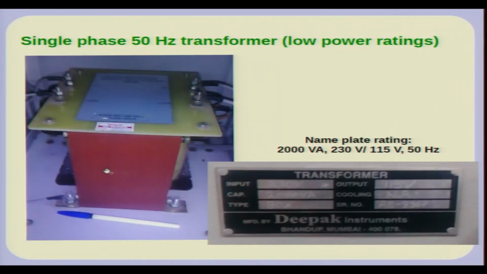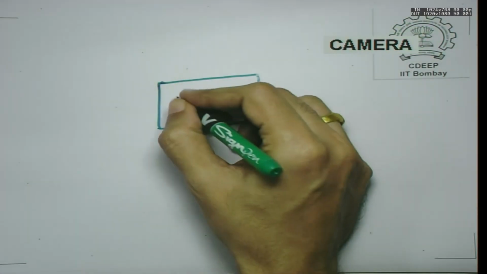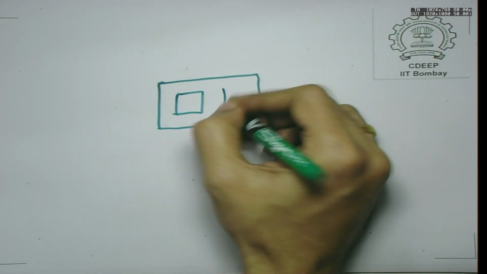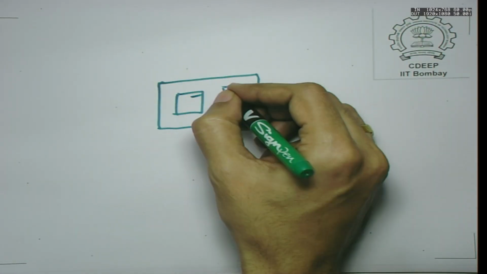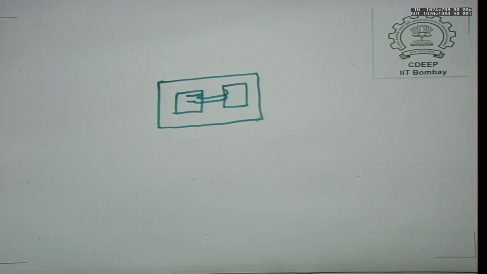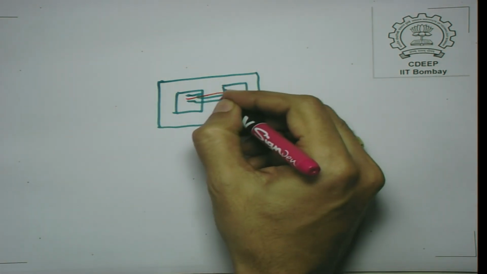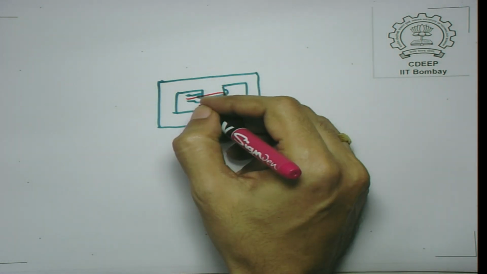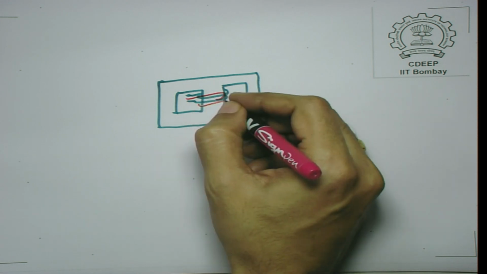Okay. So, if you look at various practical transformers, just to give you an idea, this is a transformer, and when you look at it, of course, you will not be able to make out how it is wound, but usually what you have is a kind of shell structure. One of the ways which you can wind it is like this. This is the primary, and you have the secondary also, which is wound in close proximity. Of course, all these coils are insulated from one another. Okay. So, this is something which you should remember.